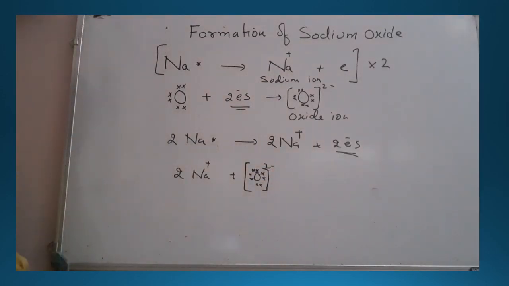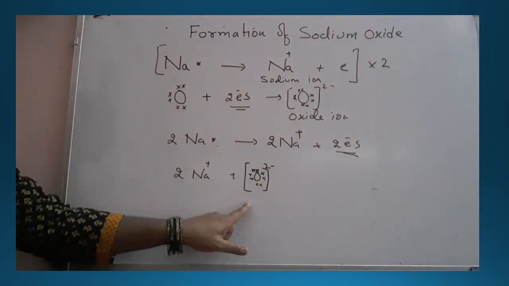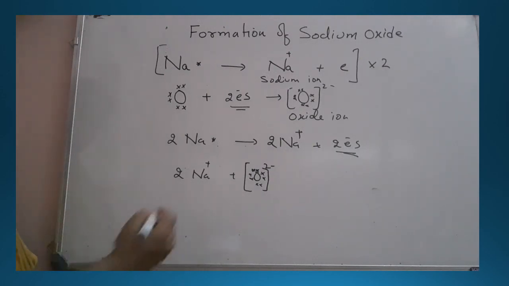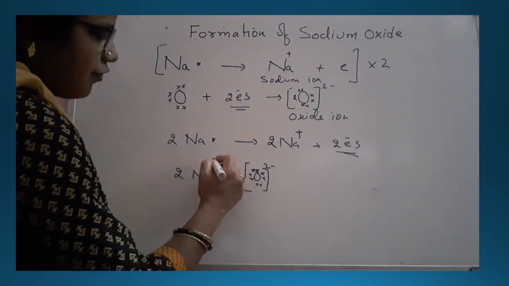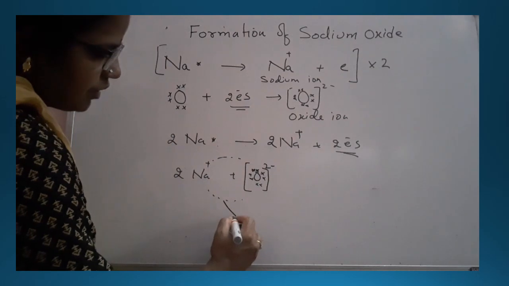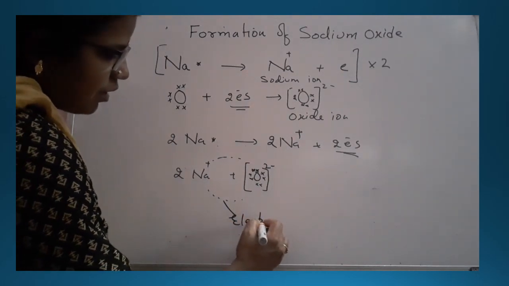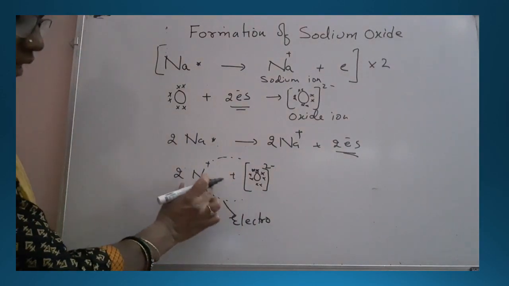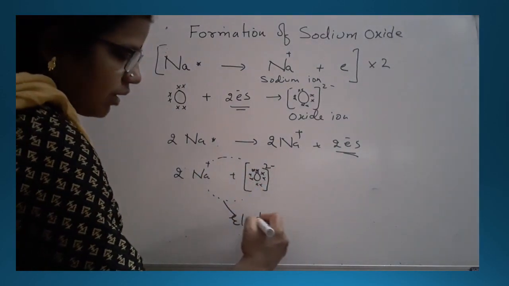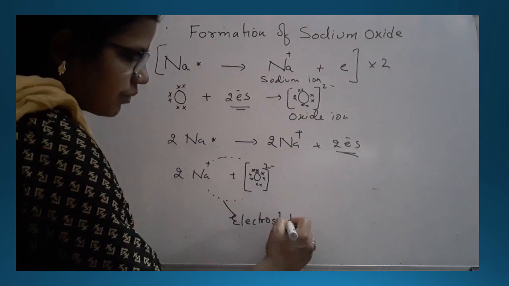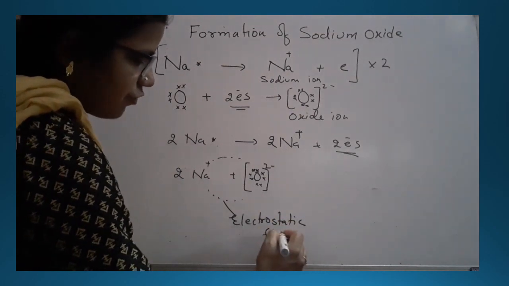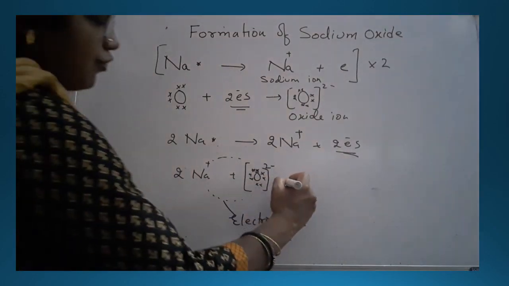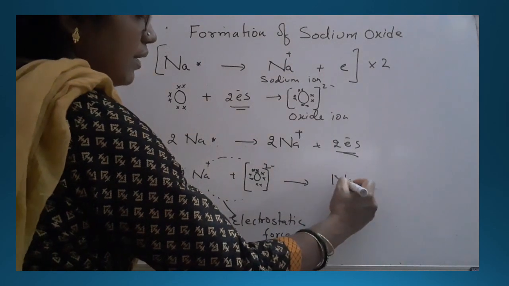Now which type of force will be there? That is again electrostatic force of attraction. Always the force between the two ions, cation and anion, is called electrostatic force of attraction.